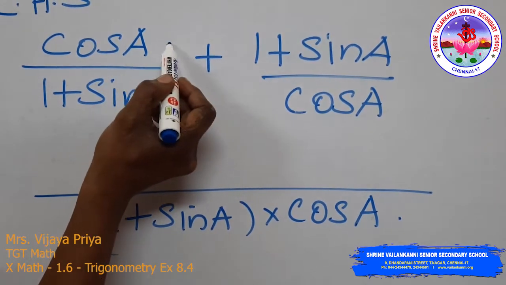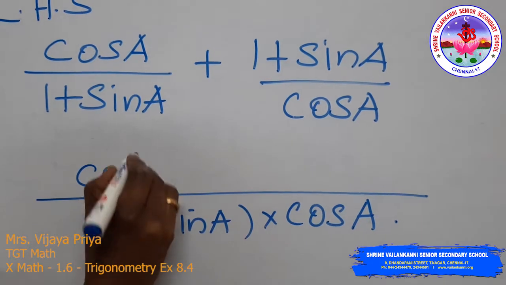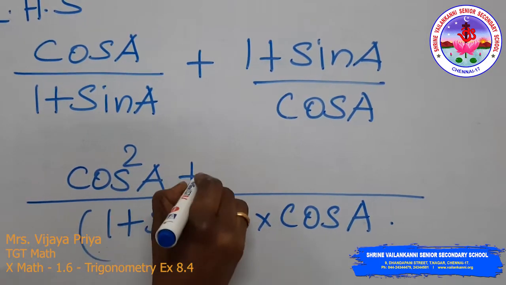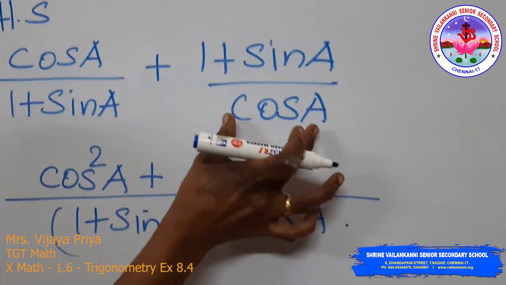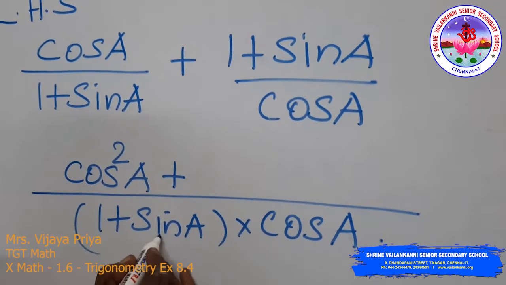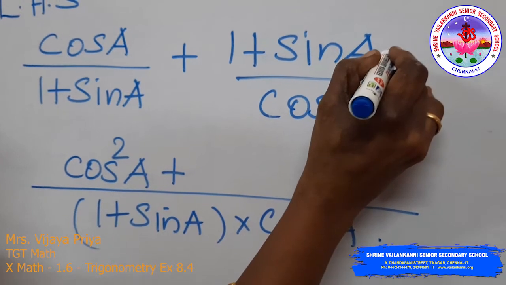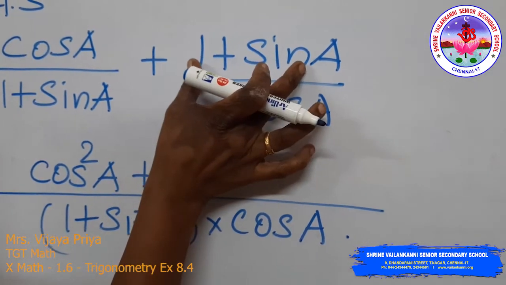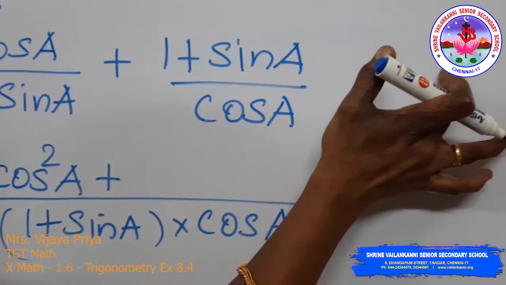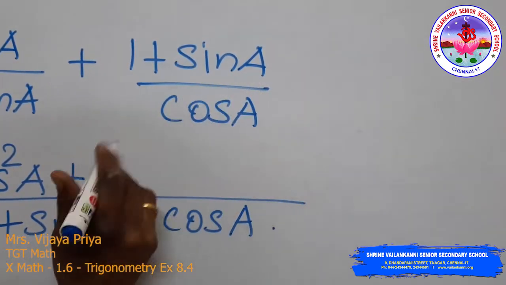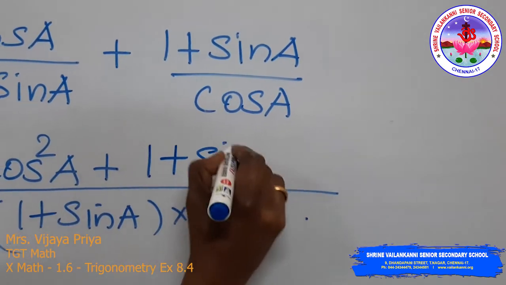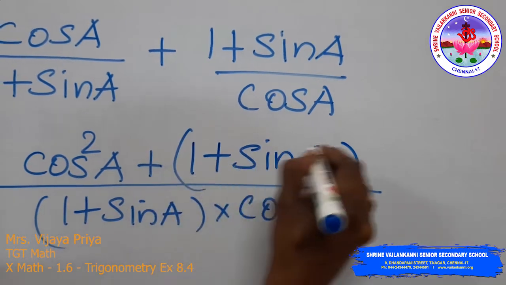So cos A into cos A becomes cos squared A, plus in this case you have cos A here, so (1 plus sin A) you want to multiply in the denominator as well as in the numerator. So (1 plus sin A) into (1 plus sin A), both are plus sign. You will get (1 plus sin A) the whole square.